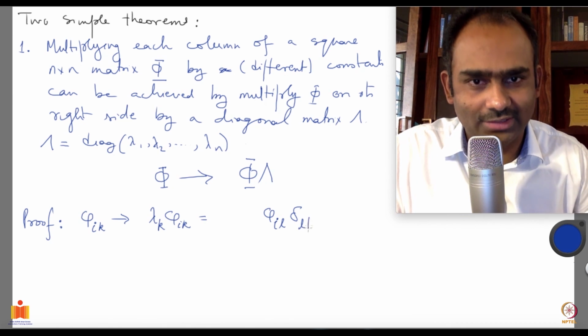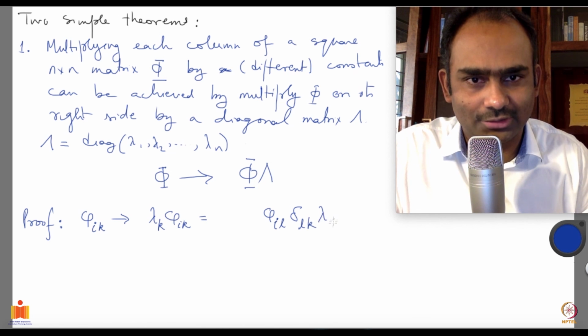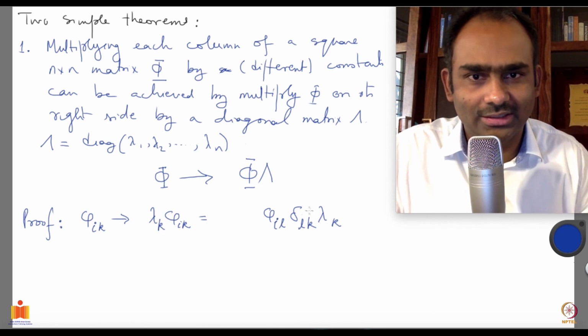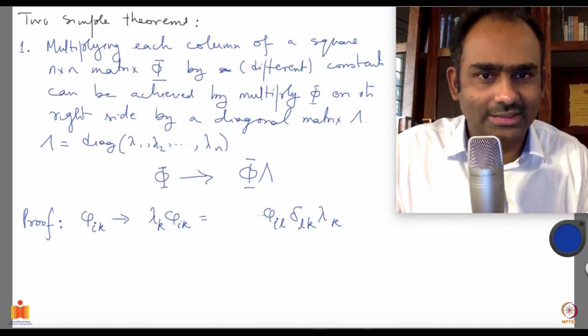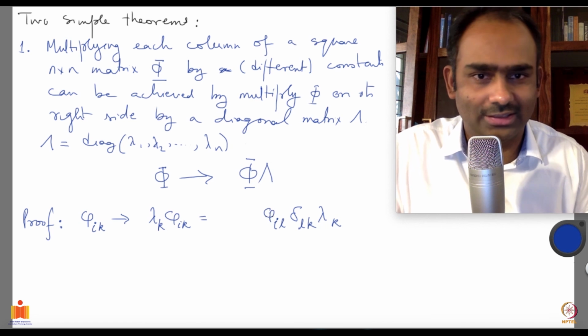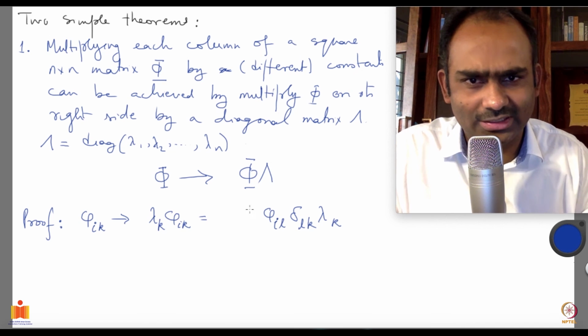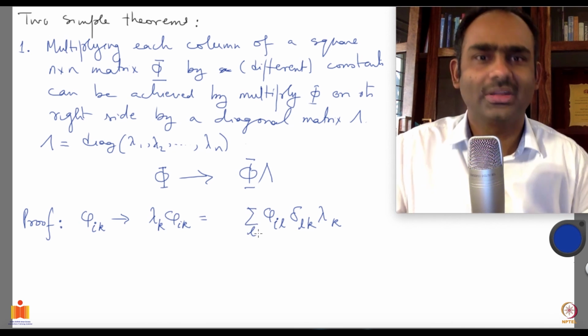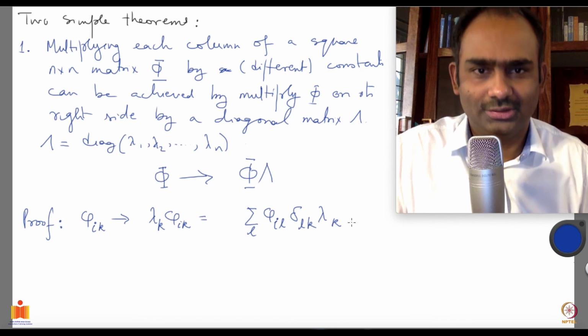It's symmetric anyway, and you already have a lambda k sitting with you. So phi IL delta LK makes phi IK. There is a summation over L, but not over k. Let me make it explicit by putting summation over L. So you agree with this?